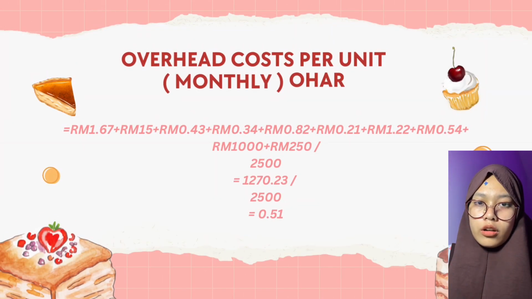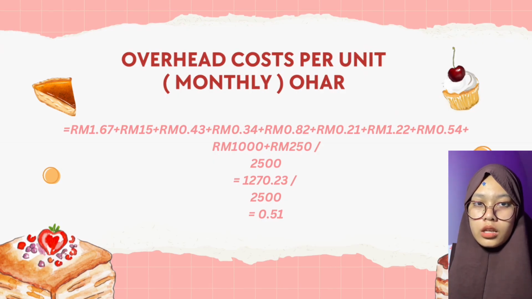For overhead cost per unit for monthly, we use OHR, where you need to sum up all the depreciation cost and divide it by 2,500, and then you will get 0.51 cents.